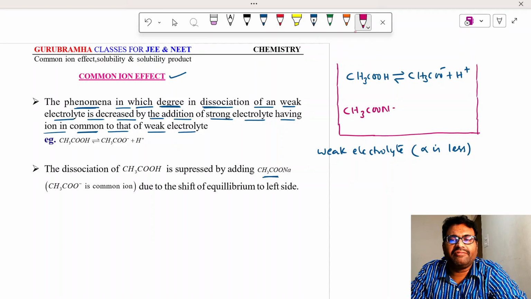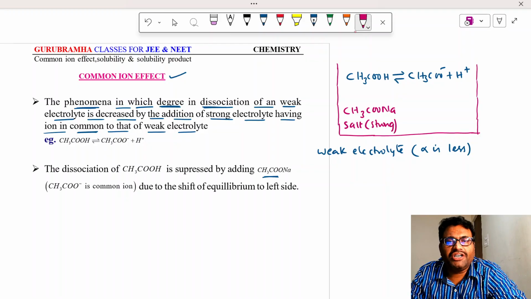It is a salt and it is strong. Strong means that it dissociates completely. Now it dissociates completely into CH3COO minus plus Na plus.